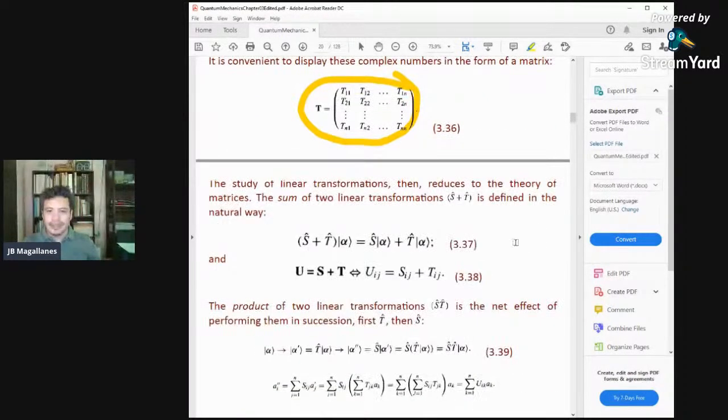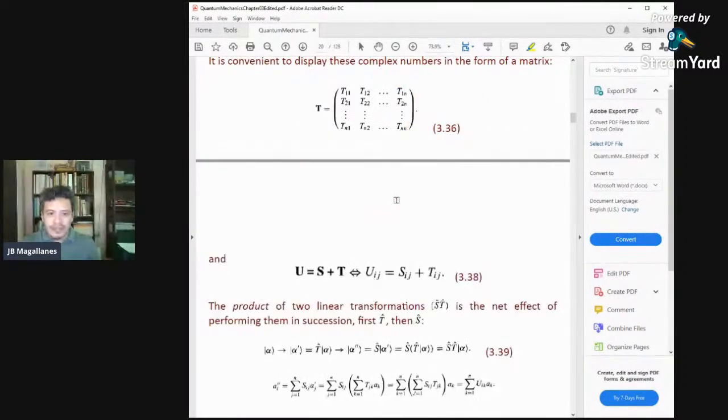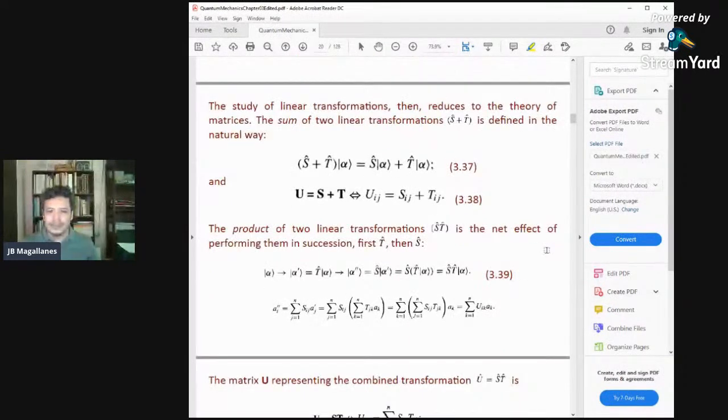So if you talk about transformation of a vector alpha, or a vector with components a1, a2, until an, then you are actually looking into a transformation that is in matrix form.